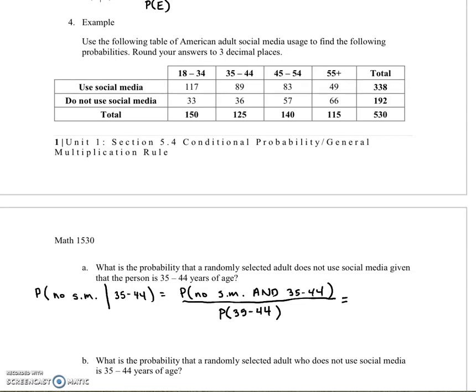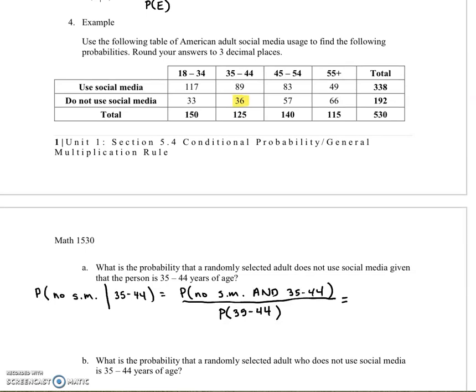The probability of not using social media and being 35 to 44: we look at the 35 to 44-year-olds and see how many of them do not use social media. That's 36.